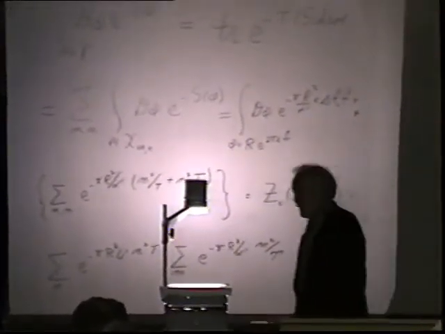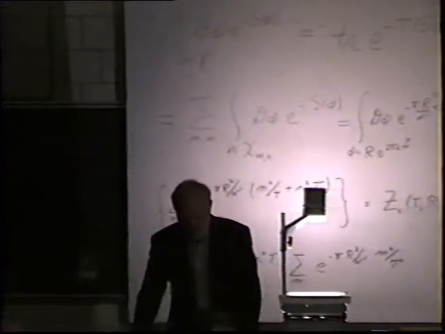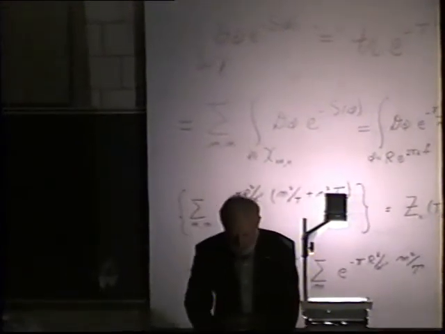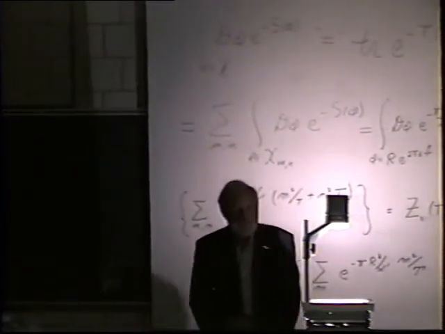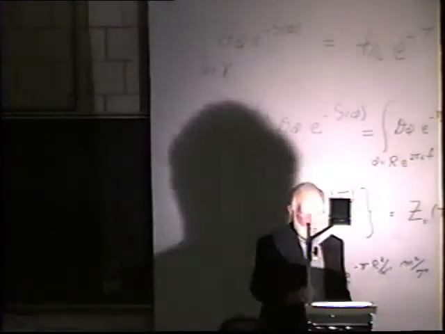Now I remind you, now you see why I started off by writing down the Poisson summation formula. In that, I should have emphasized that what you do, of course, is the coefficient c in there got changed to its reciprocal.